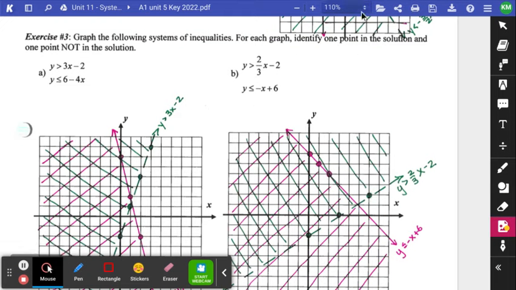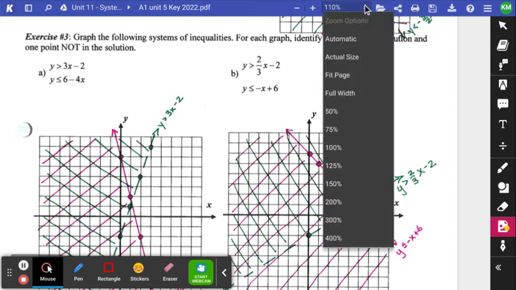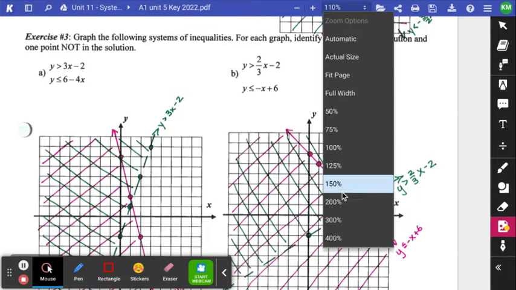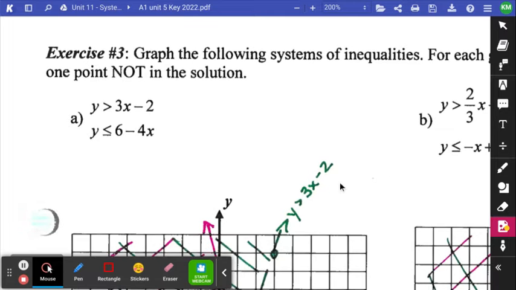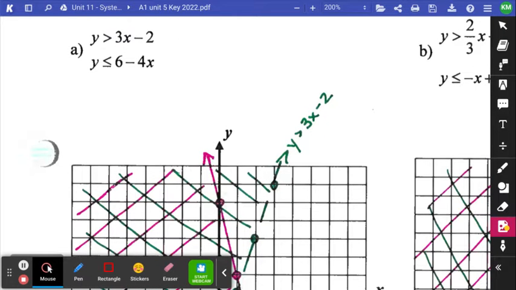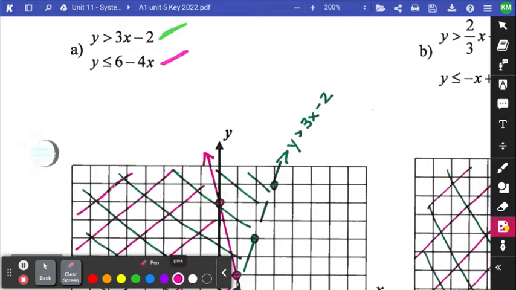Okay, so here we are now. I'll zoom in on the first one. Show you the colors I did. This first one I did in green, and the second one I did in pink.